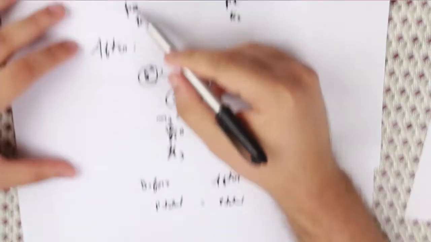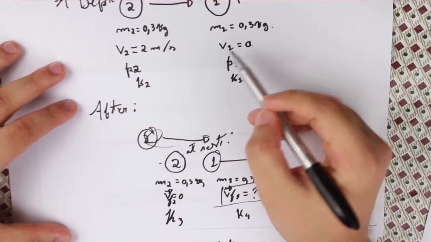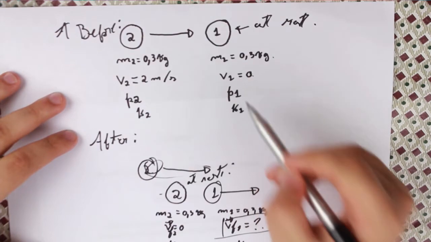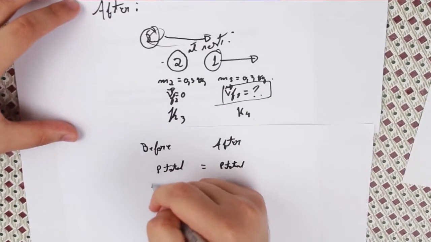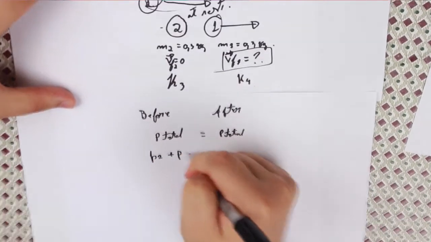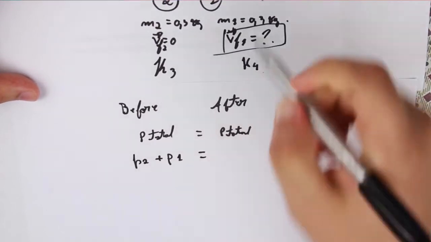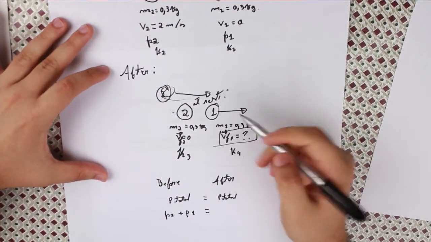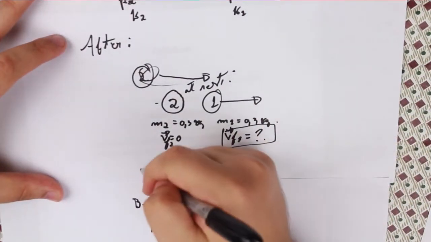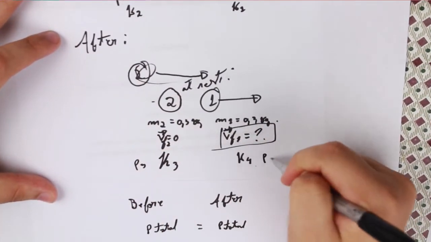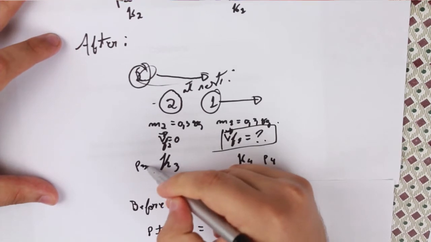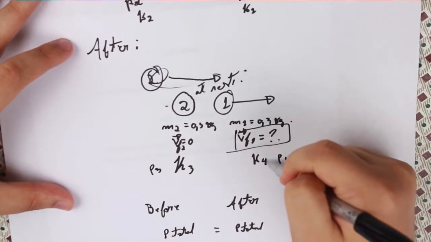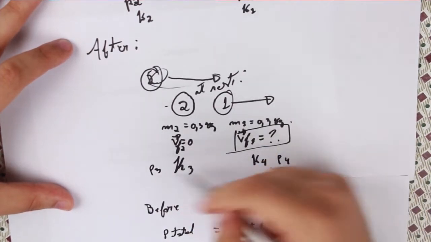As we considered here, P2 plus P1 equals the total before, and it equals all the momentum after, which is P3 and P4, to represent the momentum after.